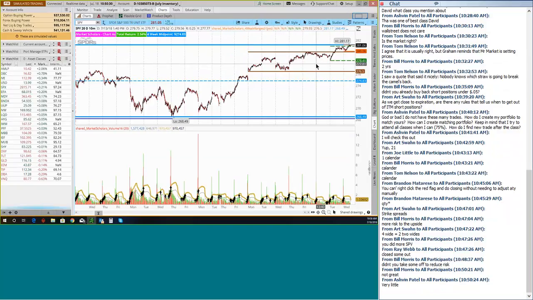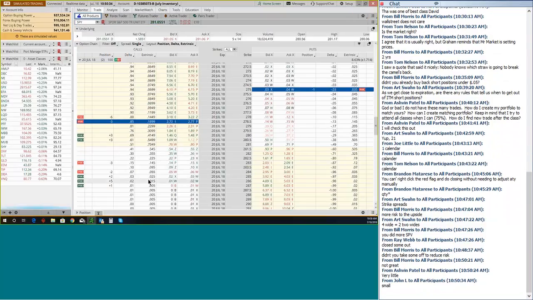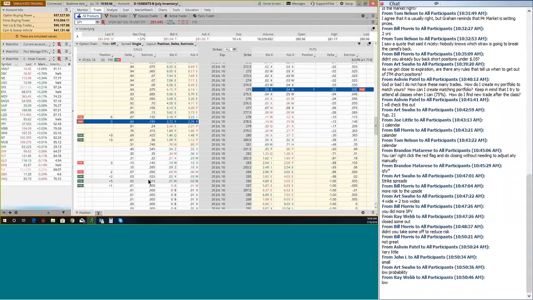So it doesn't look very far away. What are the odds? Very low probability.